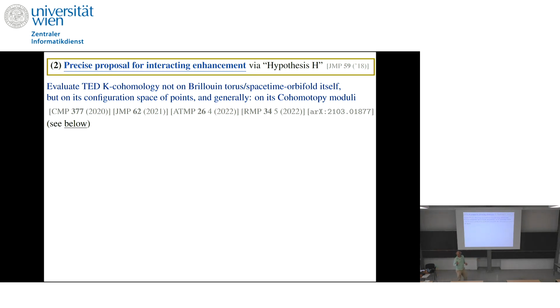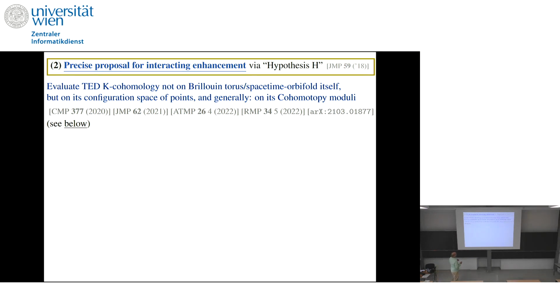But due to the Pauli exclusion principle, the locations of electrons may not coincide. So it's plausible, at least on a rough level, that if you want to classify interacting phases, you need to look at the configuration space of points, the moduli space of putting distinct points into your original domain. I'll say more about this in a moment, but that is generally the idea.